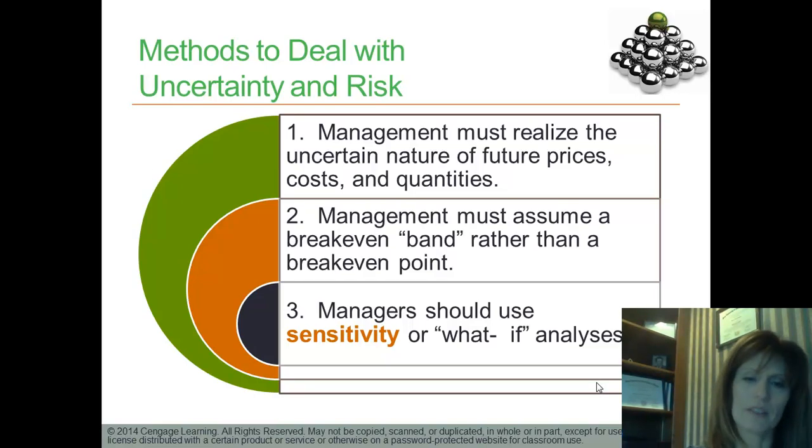So how do we deal with this? Sometimes what we can do with CVP analysis, and I would certainly recommend it, is what we call sensitivity analysis. We could say, what is the break even if we can't get that price? What if we're off by 10%? What's the break even if we get a 15% increase from our suppliers? What's the break even if our fixed costs go up by 10 grand?